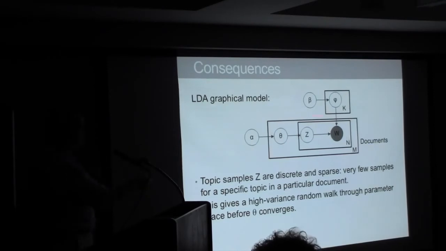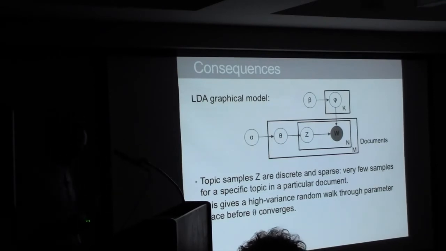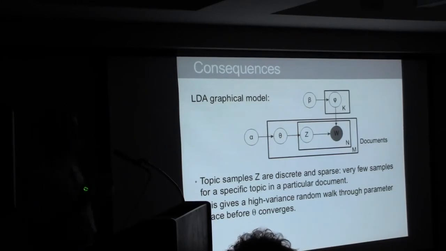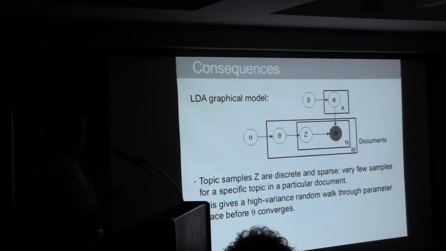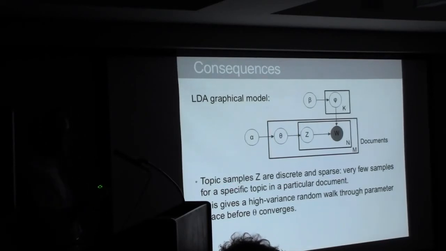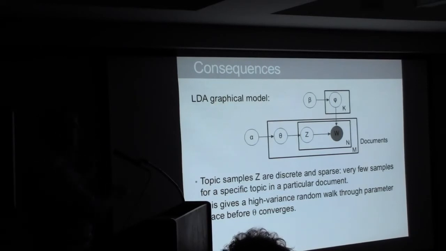When you try to sample from the theta, it's only got a very few bits of evidence that it can use. This is very sparse data that it has to work with, so it's going to be very noisy. It's going to be a very high variance estimate. And in fact it is. If you look at it in simulation, it's very, very poor. So you have this very high variance around the walk to get this value to its final value.